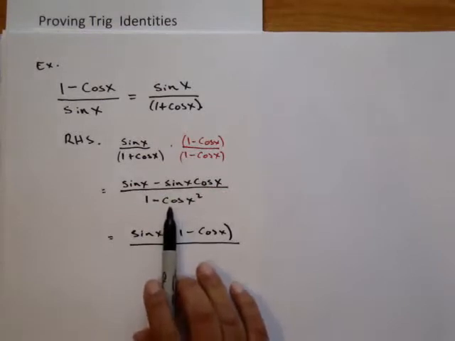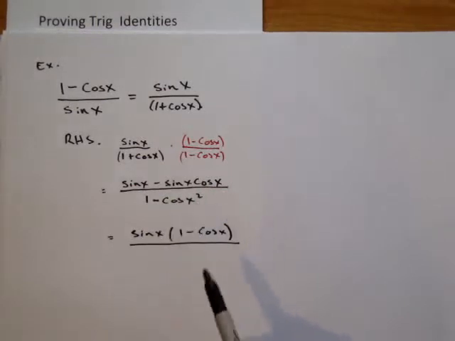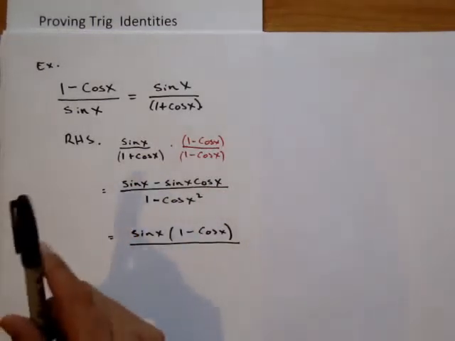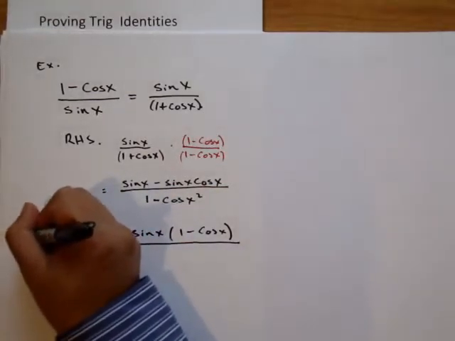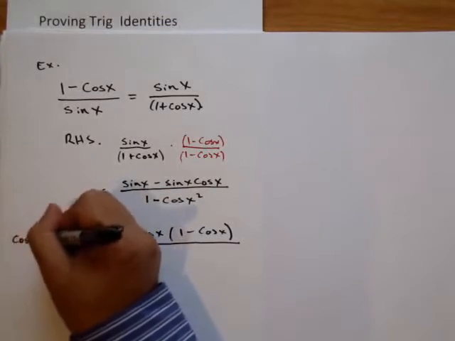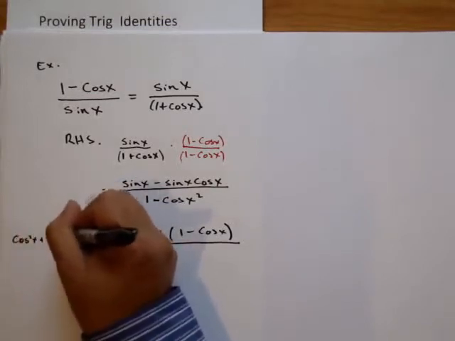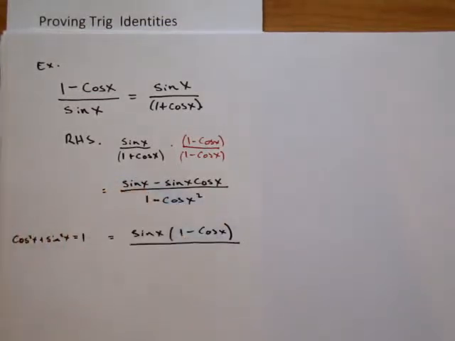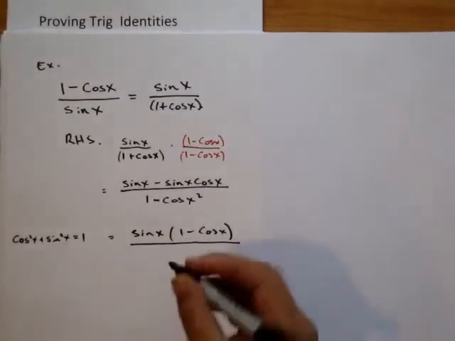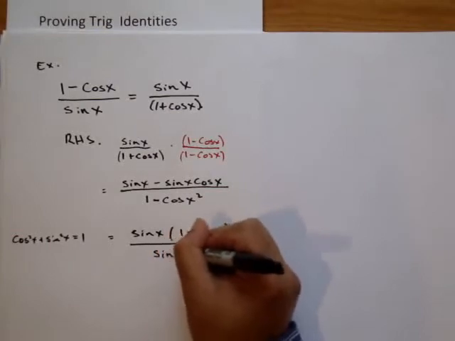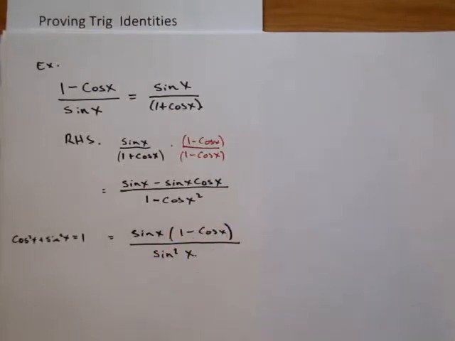And the 1 minus cos x squared, from our identity cos squared x plus sin squared x equals 1, is nothing but sin squared x.